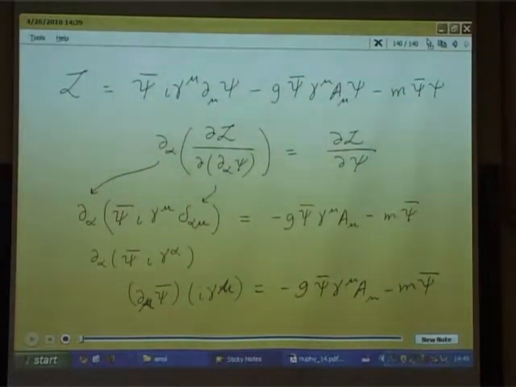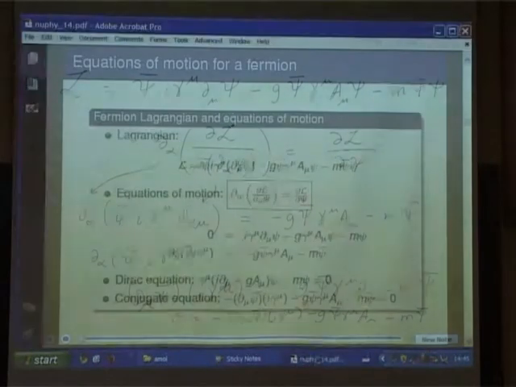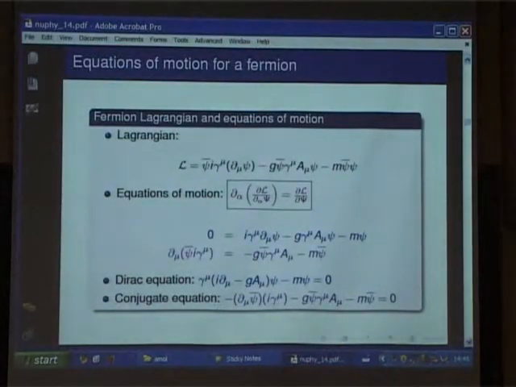So I take my left hand side term on the right hand side, and then I get 0 is equal to minus of del mu psi bar i gamma mu minus g psi bar gamma mu minus m psi bar. So this equation is exactly what I have written here. Conjugate equation is this. So this is 0. This is equal to these 3 terms, all with negative signs.